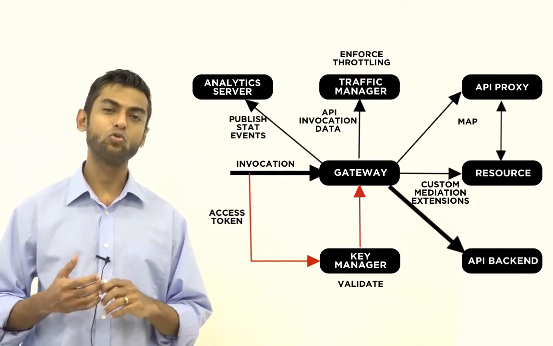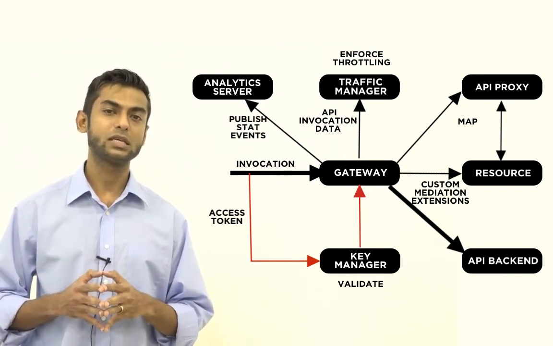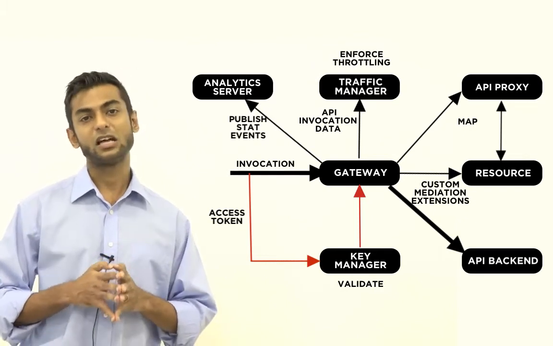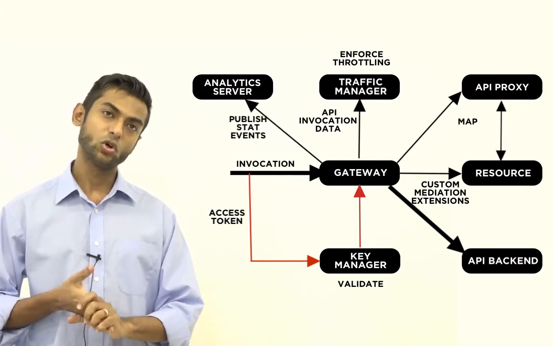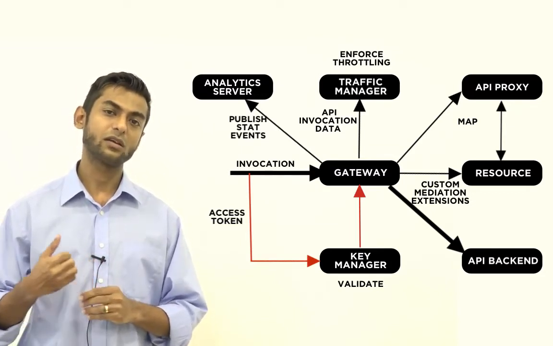There are two options for caching this information. One option is caching the information at the gateway level itself, and the other option is caching the information at the key manager.